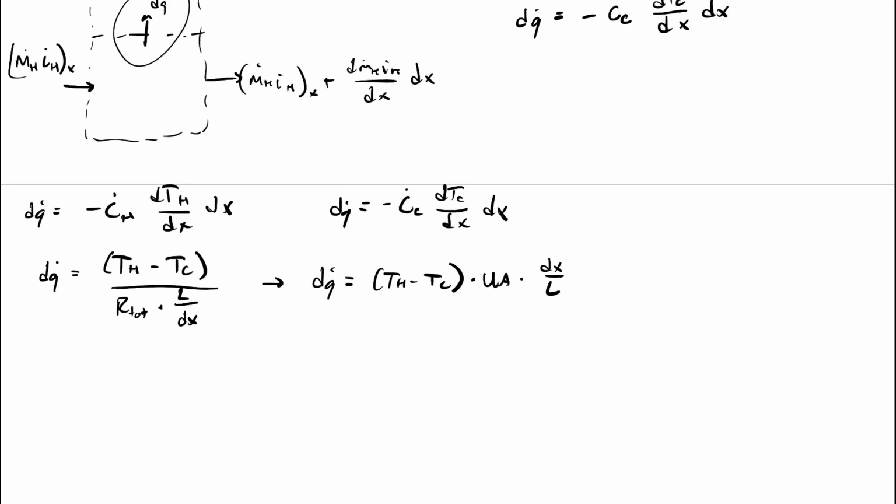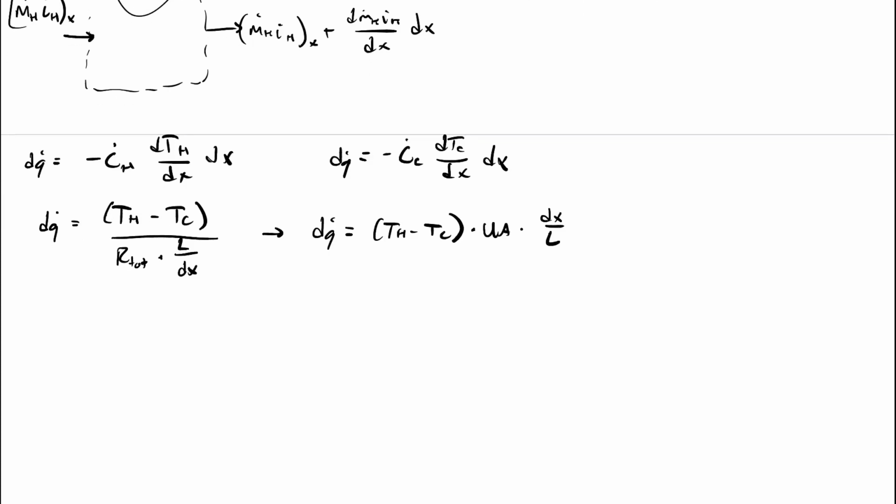And let's go then and rewrite our differential equations using this definition. Okay, so first let's do this for the hot equation. So the hot equation becomes UA times TH minus TC times dx over L is equal to minus C dot H dTH dx dx.